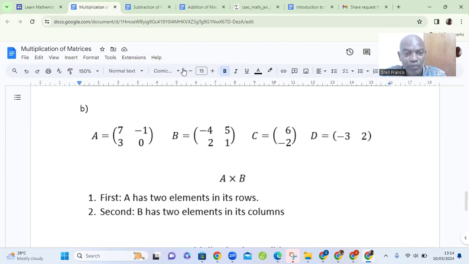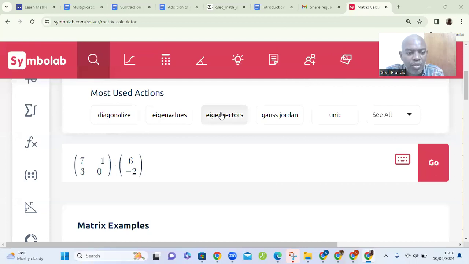And just for proof of answer, let's look at a website, an online calculator that can be very helpful, Symbolab. So here we have typed in A times C in Symbolab, and let's see what we get.